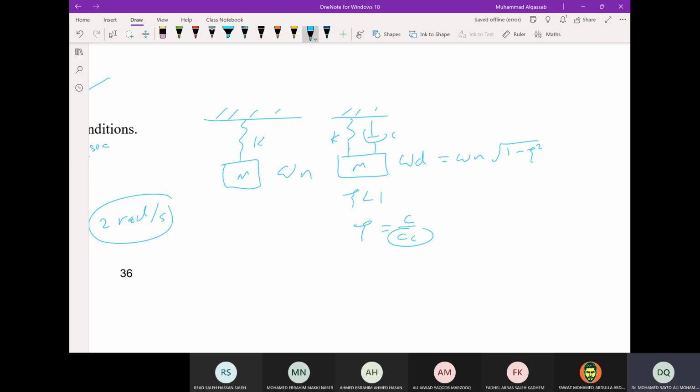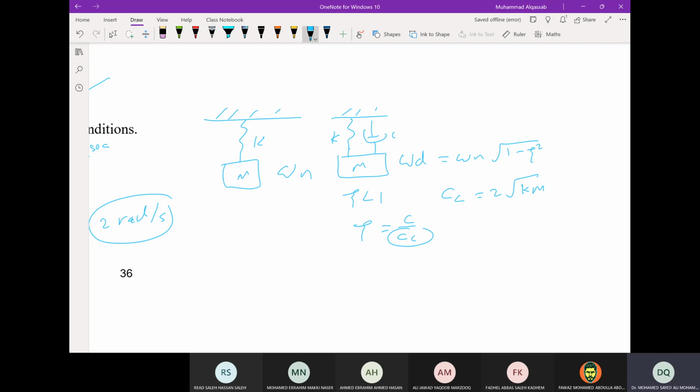Cc is also a characteristic of the system, which is determined from K and M. That is Cc. So Cc is equal to 2 square root of Km. So it is not related to C.